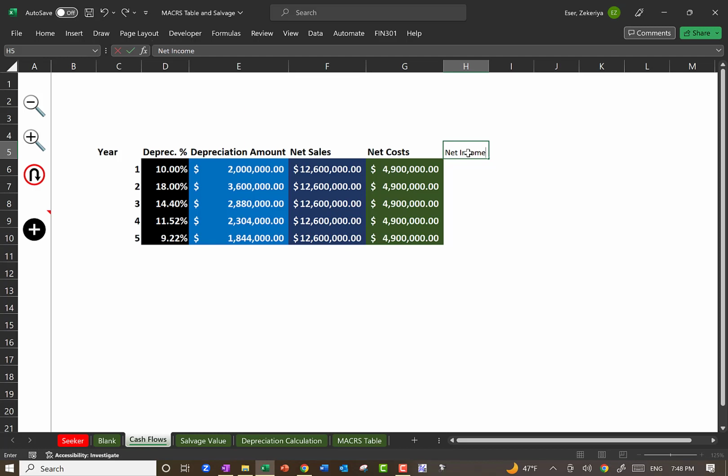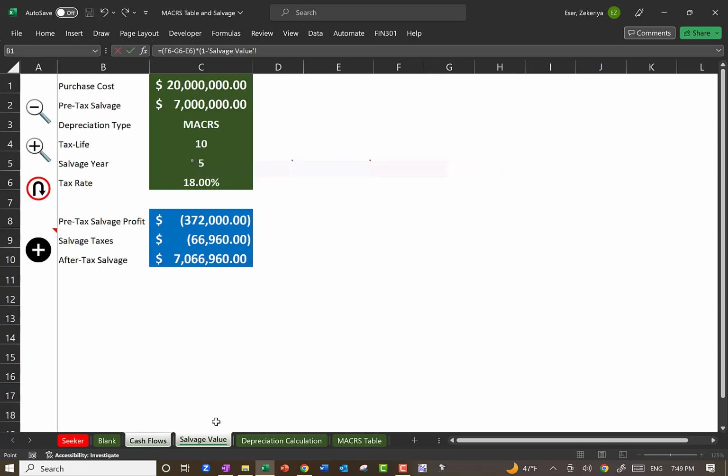Then I can calculate net income. Net sales minus net costs minus depreciation times 1 minus the tax rate we have here.